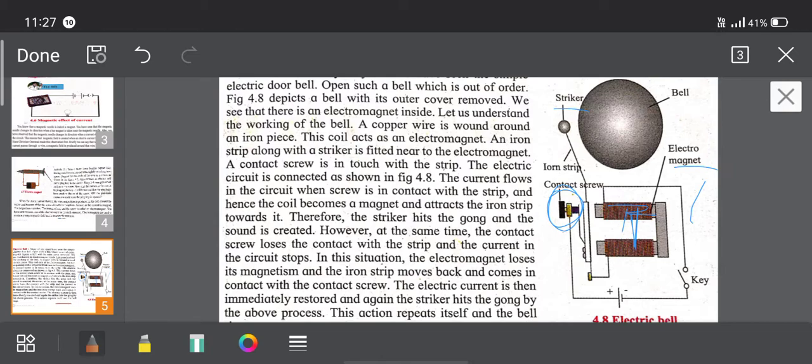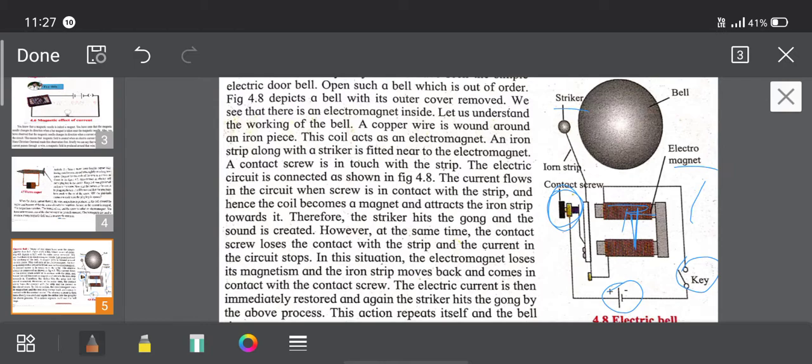An electric circuit is connected as shown in this figure. This is the plug key and this is the cell, denoted by plus and minus.